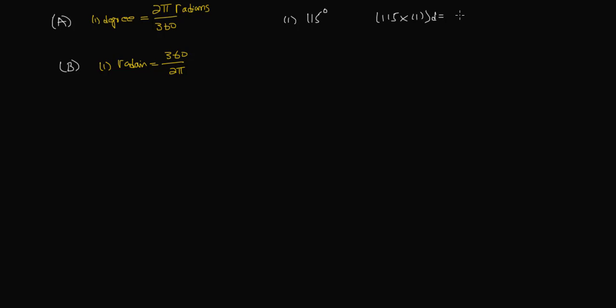Degrees is going to be 2 pi divided by 360 and multiplied by 115 radians, equal to 2.007 radians.